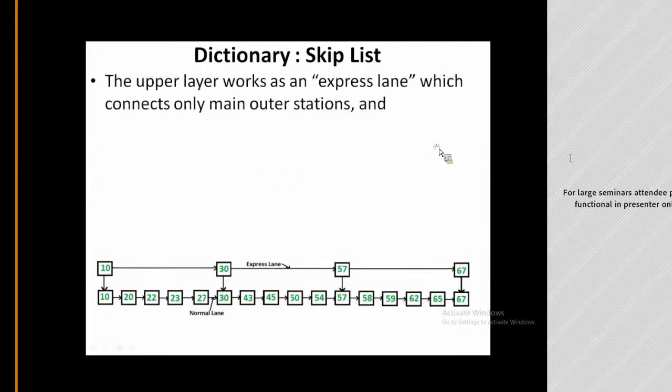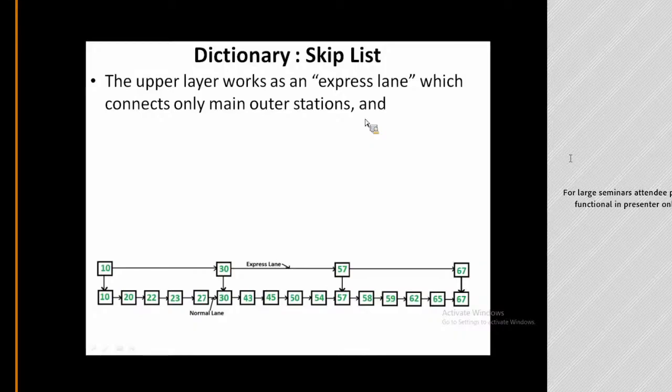Now, as I already told you, the upper layer, that is this one, is called the express lane, which connects only the main outer stations. So if I want to continue with the example of metros, when the study for the metro stations was carried out, they first identified the places where people get down to go to a particular area.